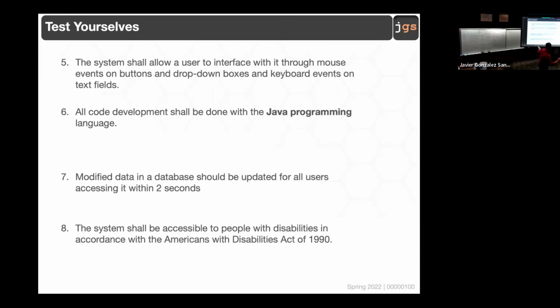The system shall be accessible only to people with disabilities. Then would it be a quality? In that case, we are only focusing on a specific group. Both things can be non-functional.